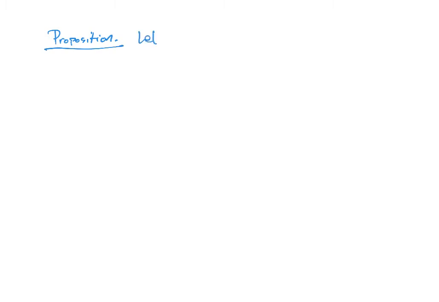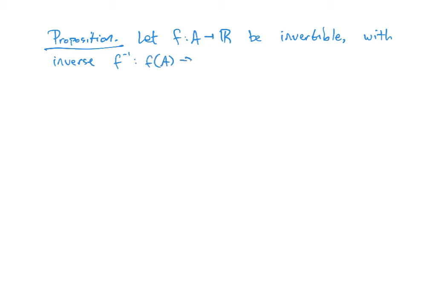So we're going to have an invertible function f, and we'll call its inverse f to the minus 1, which will map from the range back to the reals. You know, when I say back to the reals, I could also write A there. It doesn't matter.